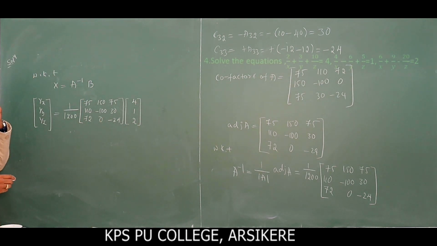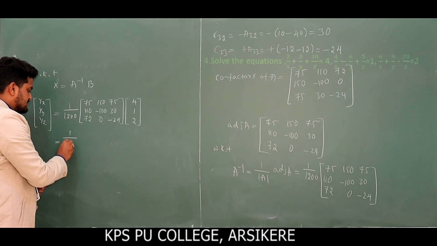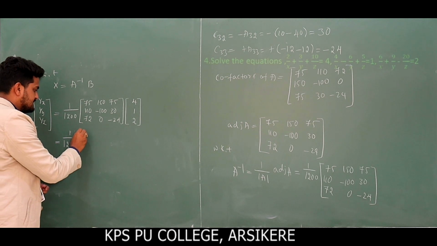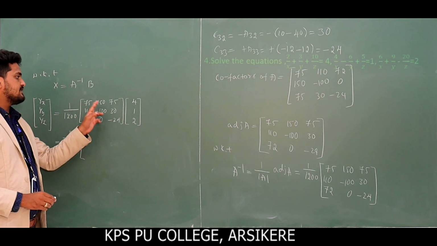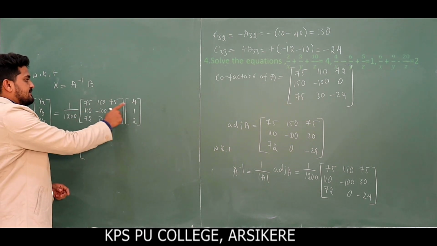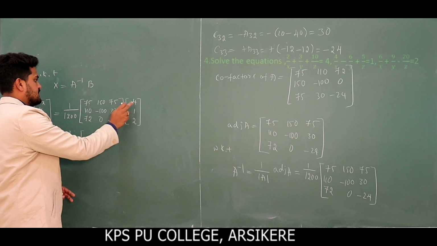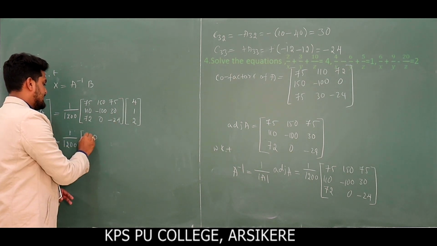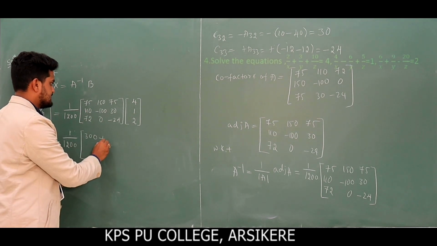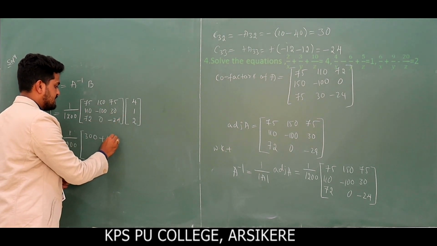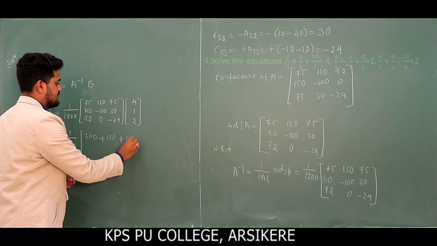Okay, so first multiply 1 divided by 1200. By using matrix multiplication, first row first column, 75 into 4: 7 4s are 28, so 300. Next plus 150 into 1 is 150, plus 150.